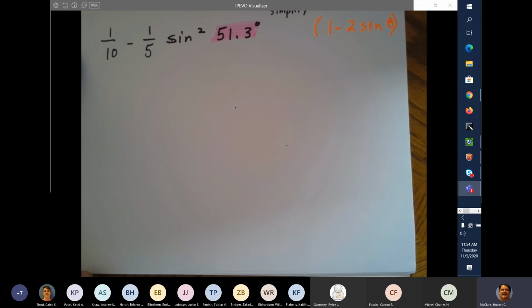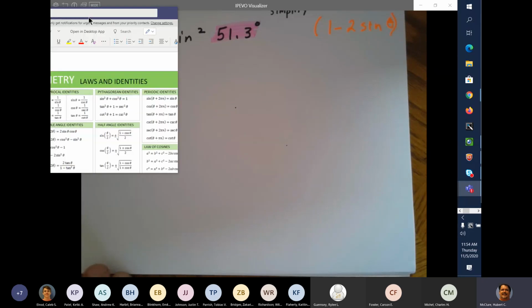I'm looking for it right now. Just hold on. Should be Trig Identity cheat sheet. There it is. So I'm pulling it up right now so you can see it. There it is. So here's what I sent y'all.